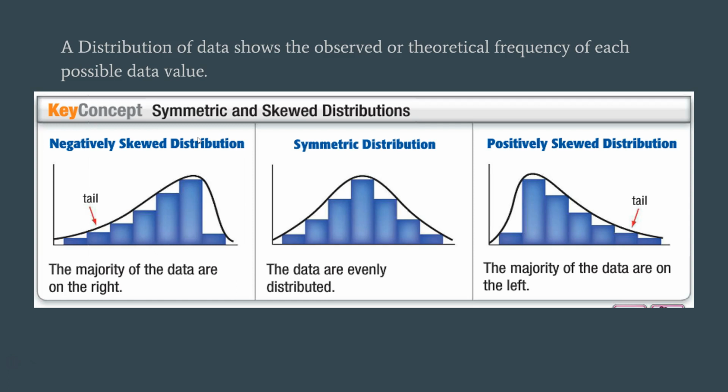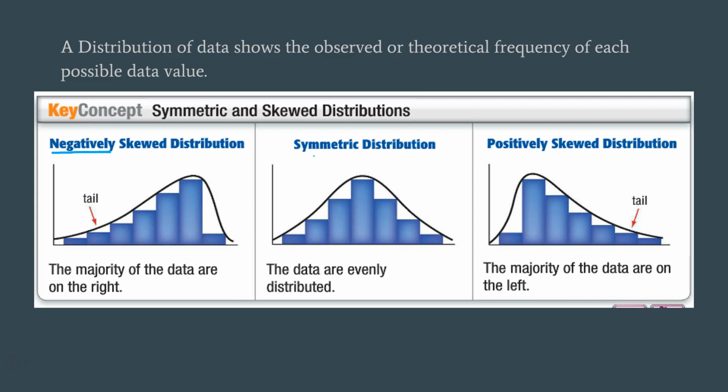Alright, so let's go ahead and go over a couple of the definitions. If we're looking at the different kinds of skewed distributions, our first one is the negative ones. We want to know that the majority of the data is going to be on the right hand side. As you can see, on the left hand side it's really small, and then towards the right, it increases.